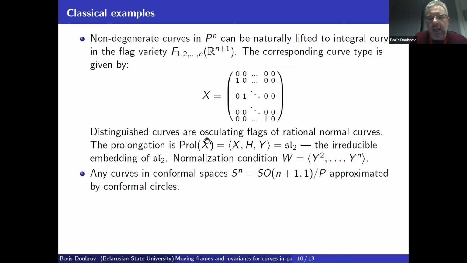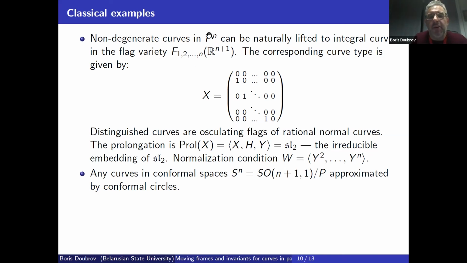And again, a very simple computation shows that our normalization condition W can be chosen as the subspace spanned by powers of y, starting from y squared. From this, we know that any such curve will have exactly n-1 fundamental invariants, and they will sit in degrees 3, 4, and up to n plus 1, if we think about the curve in the flag variety.